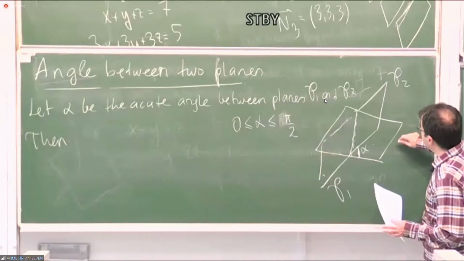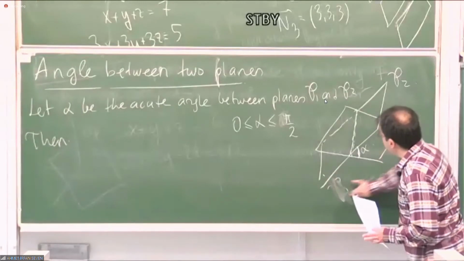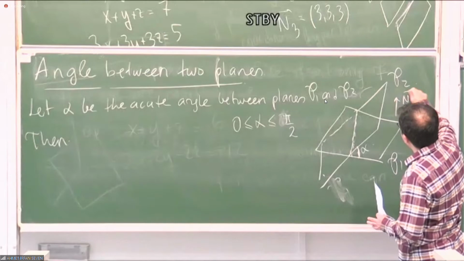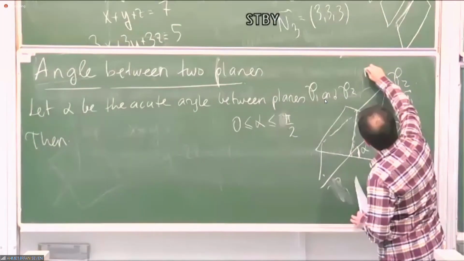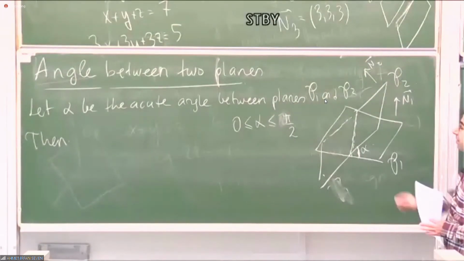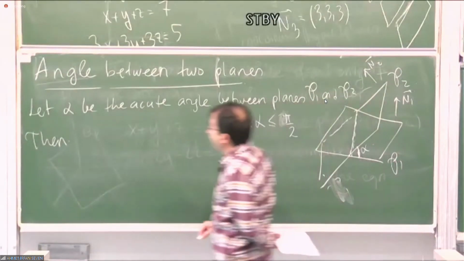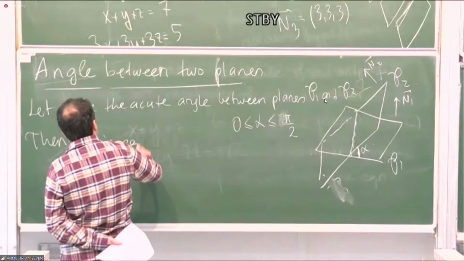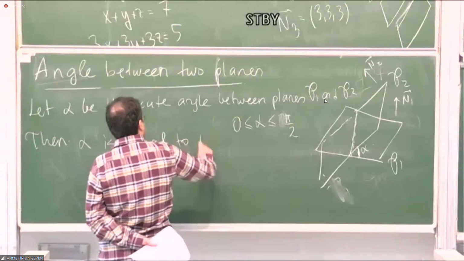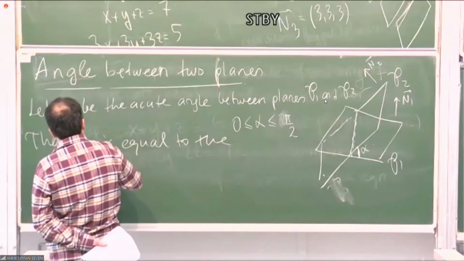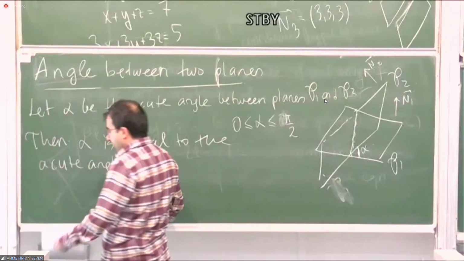We have the normal vectors, right? So we have one normal vector here, n1, and another normal vector here, n2. All right. Well, the thing is that this alpha becomes equal to the acute angle between the normal vectors.